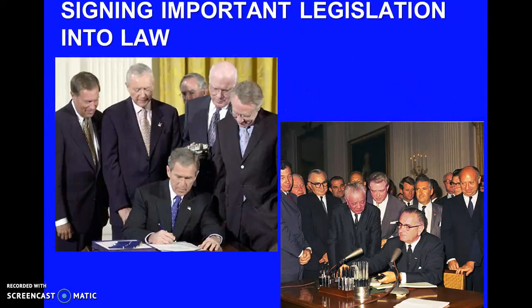The president serving as chief legislator, that last step, signing important bills into law, is a very ceremonial thing. Usually when you see the president signing these bills, they're surrounded by legislators, potentially members of interest groups, community members, people who fought really hard for that bill. And if you look right here, all of these pins are ceremonial pins, and they're actually keepsakes.